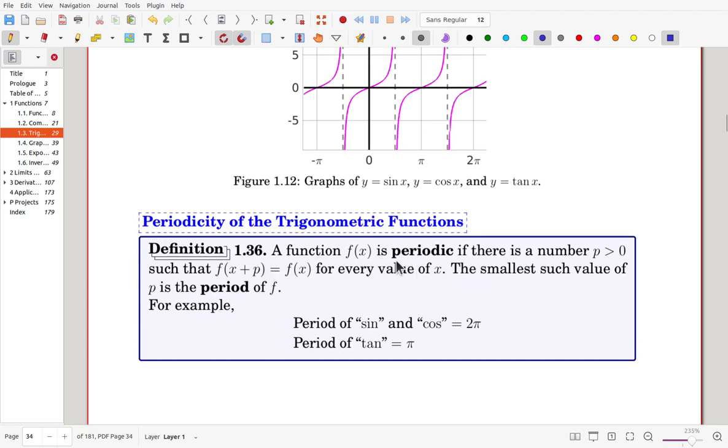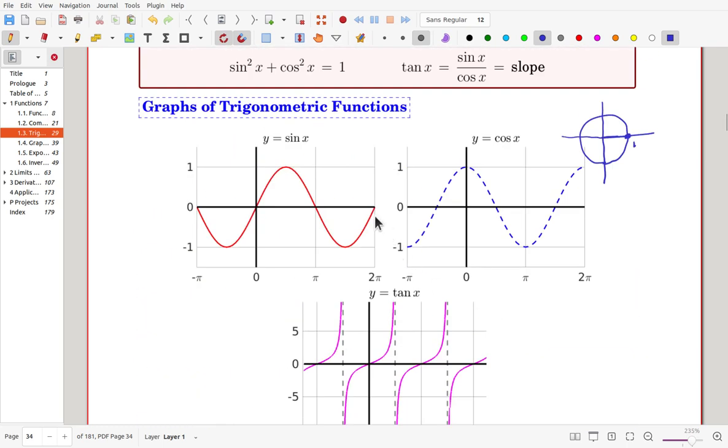Okay, here we define periodicity. A function is periodic if there is a number p larger than 0, such that the function values at x and x plus p are the same for every possible value. Among those p, if we choose the smallest one, that's called the period. So sine and cosine must have the same value after 2 pi.